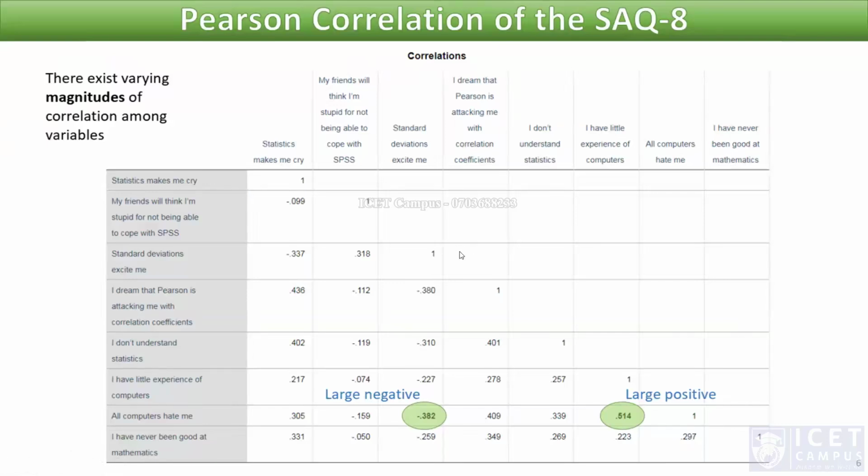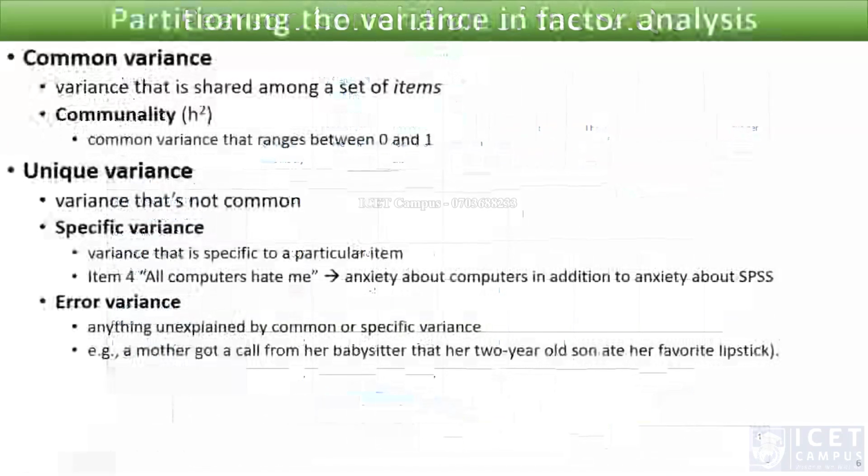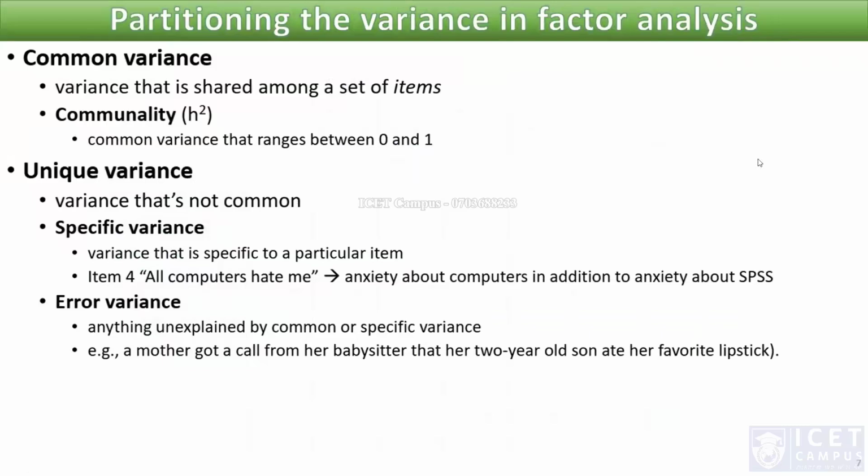So we did a correlation analysis first. Partitioning the variance in factor analysis: common variance is variance that is shared among a set of items. Then we can find h square, that is communality, that is common variance, and unique variance, right?